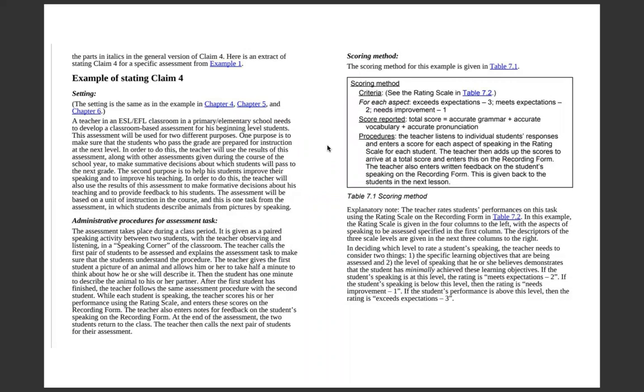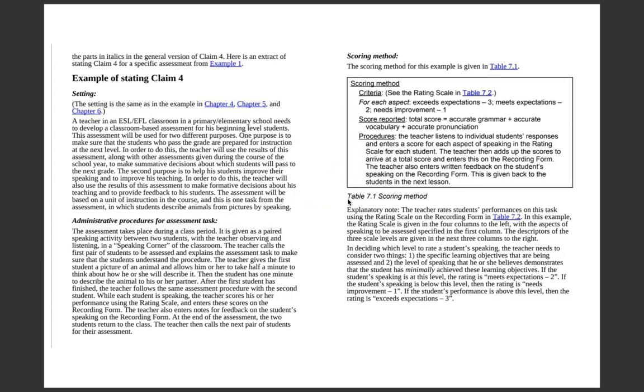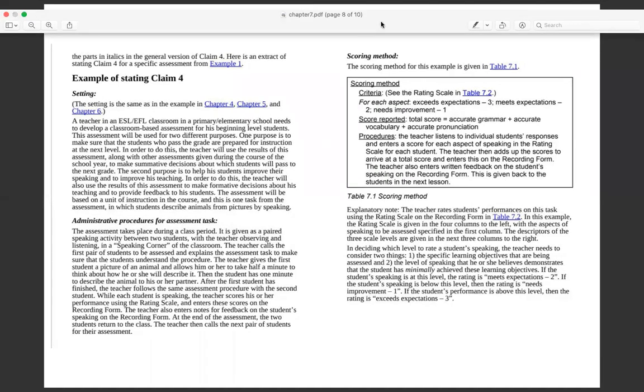Okay, and then we have an explanatory note. What we see in the second line is important here, in the second paragraph. In deciding which level to rate a student's speaking, the teacher needs to consider two things: the specific learning objectives that are being assessed, and second, the level of speaking that he or she believes demonstrates that the student has minimally achieved these learning objectives.